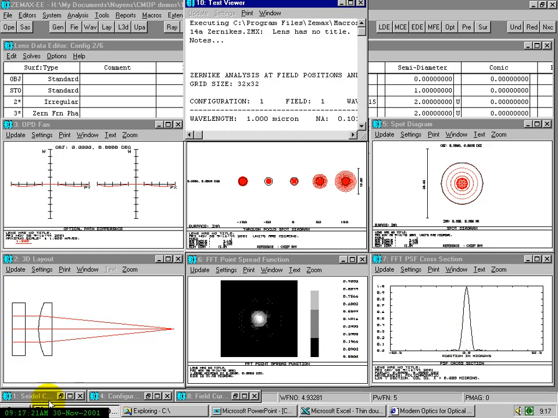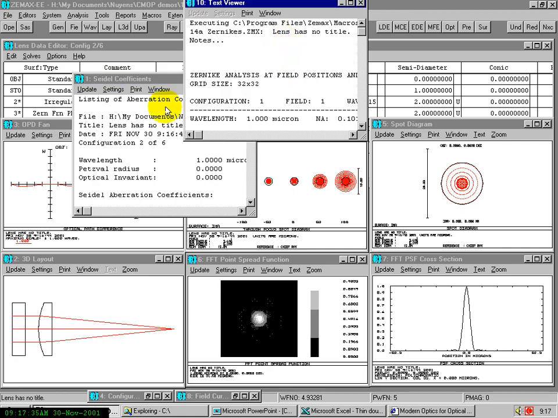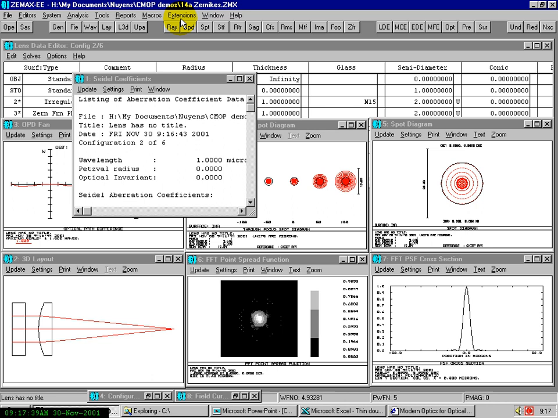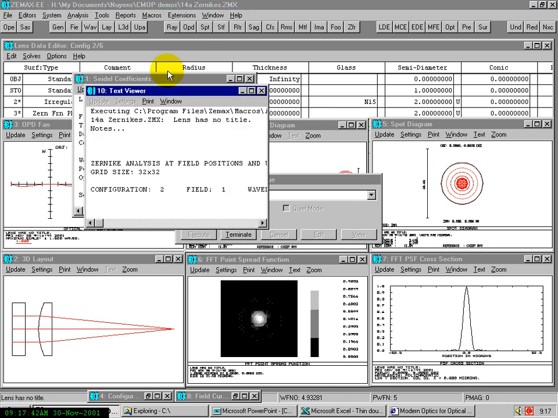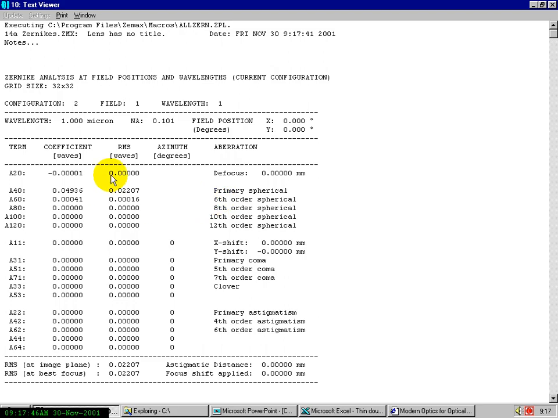And if we look at the Seidels, obviously nothing has changed, because the Seidel always is sitting and observing at the paraxial focus. But if we look at the Zernikes again, then we see that the defocus term is gone now.